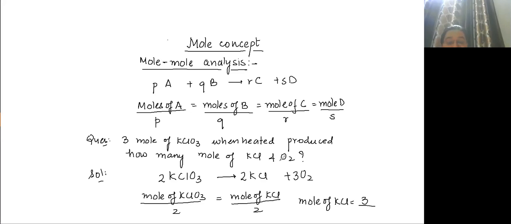Okay. Now consider O2. So can I say moles of KClO3 by 2 is equals to moles of O2 by 3? So what will be moles of O2? Yes, Hasini. KClO3 is 3, 3 by 2 and moles of O2 will be?